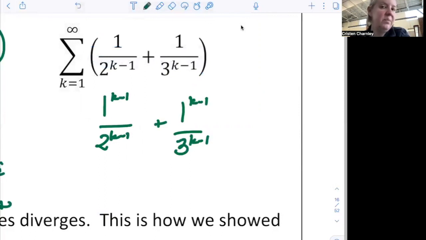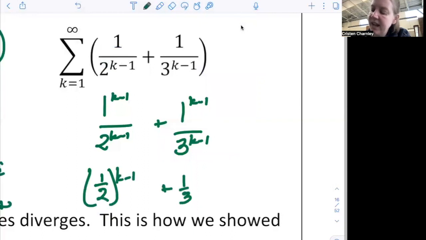I know that feels a little bit shaky, but you're allowed to do it. Then I have (1/2)^(k-1) and (1/3)^(k-1). And so when I look at them like this, they're in that geometric series format. This ratio inside is less than 1. I know it converges. This ratio inside is less than 1. I know that it converges. So I know it converges.